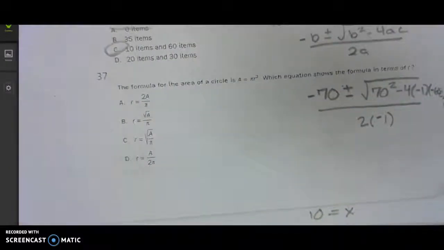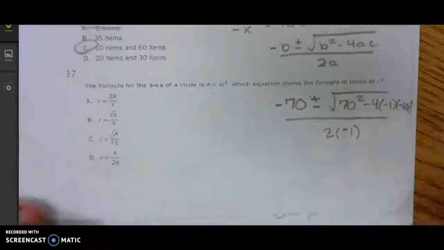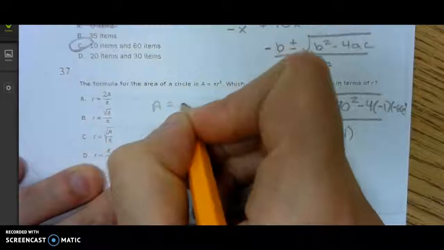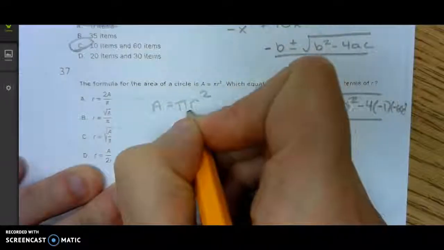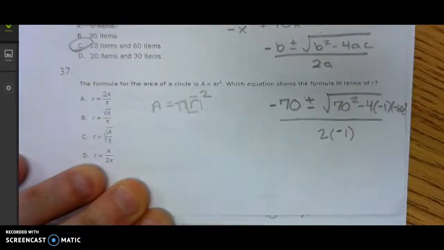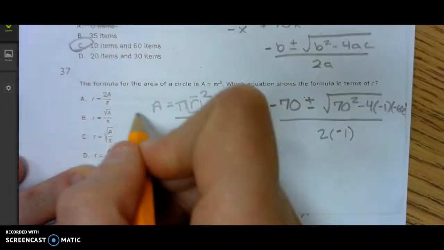37 says, for the formula of the area of a circle, A equals pi r squared, which equation shows it in terms of r? We've done a ton of these. We need to get r by itself is what they are saying. So I need to get r all alone. To do that, I need to do the opposite of what everything's done. So right now it's being multiplied by pi. So the opposite of multiplying is dividing.